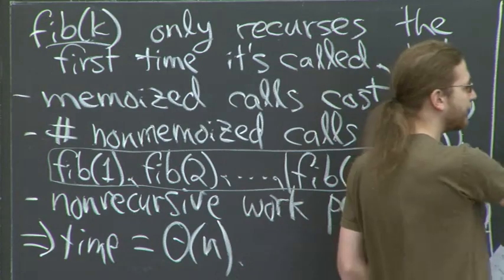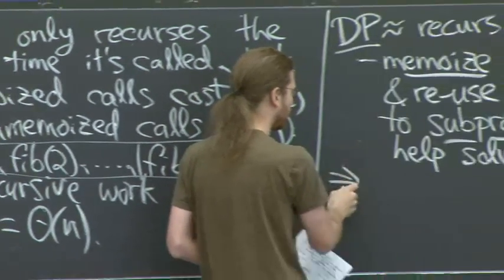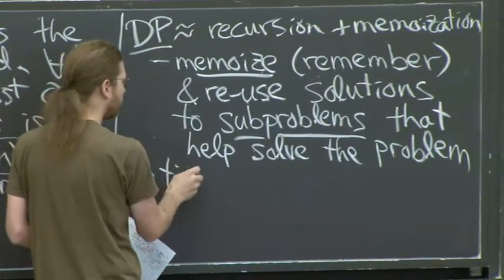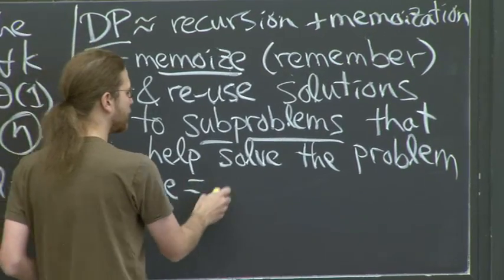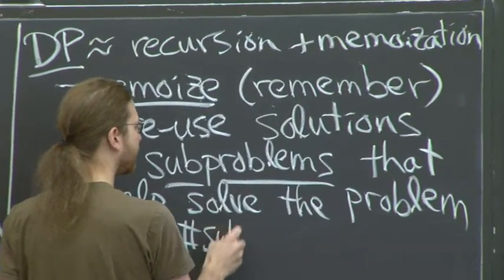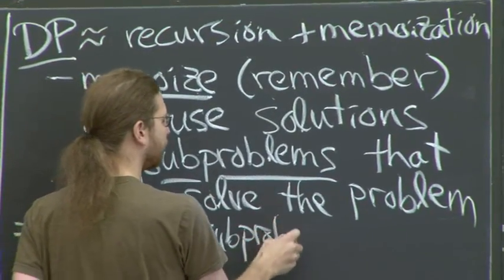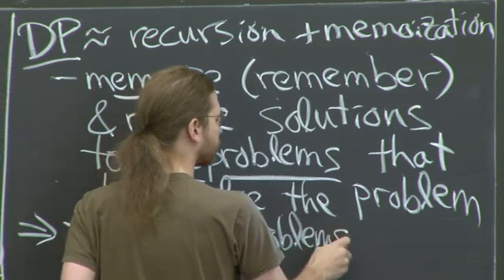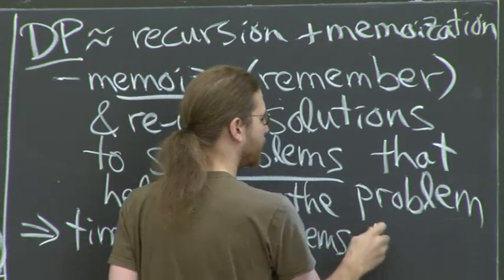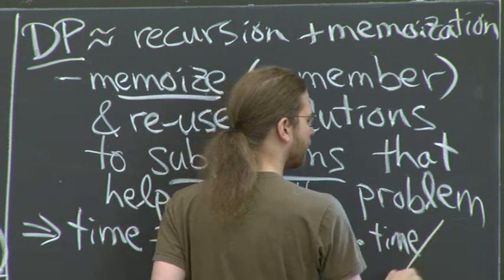In all cases, if this is the situation, so for any dynamic program, the running time is going to equal the number of different subproblems you might have to solve, or that you do solve, times the amount of time you spend per subproblem.